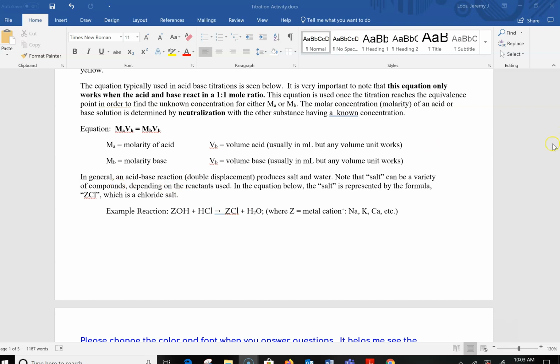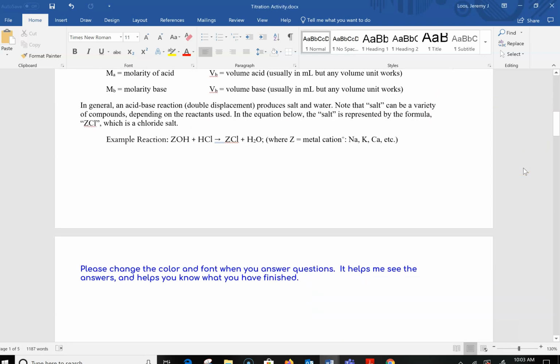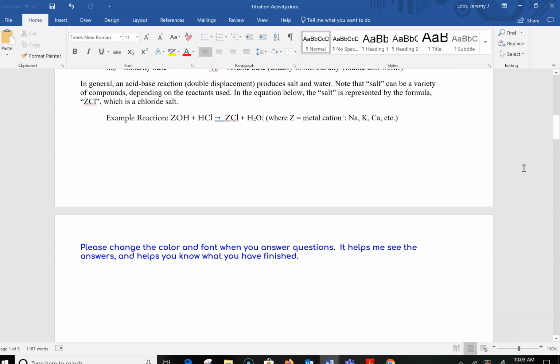And then also, we're going to think a little bit about what happens when acids and bases react. This is a generic kind of reaction. Most bases have a little hydroxide in them, and then something here, usually like potassium or sodium or something like that. And then acids tend to have a hydrogen listed as their first thing.